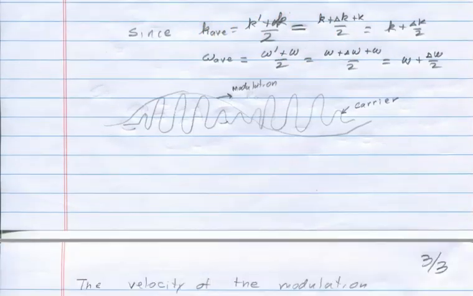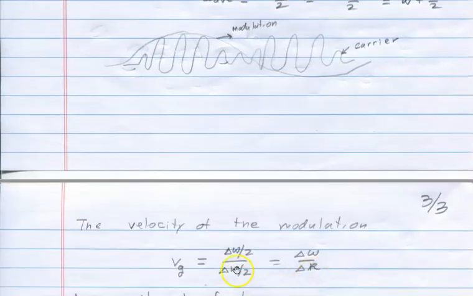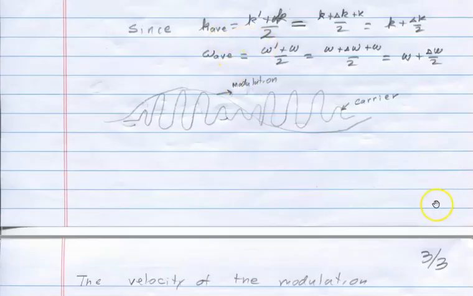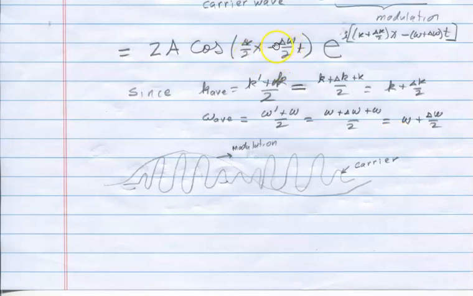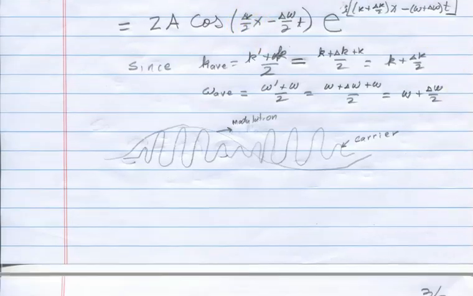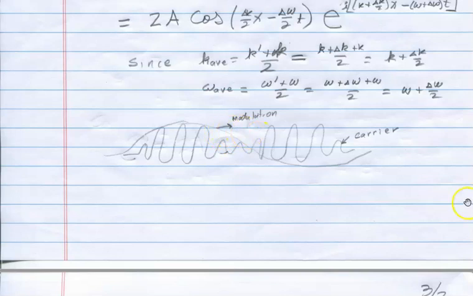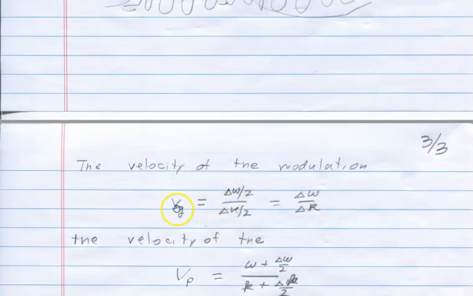So for the modulation, the omega is delta omega over 2, and the k is delta k over 2, and I take the ratio of those, and they give me a velocity of the modulation. That's usually called the group velocity, v sub g. The 2's go out, and it's just delta omega over delta k.